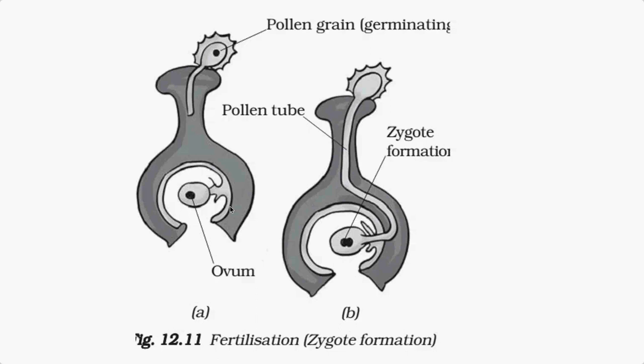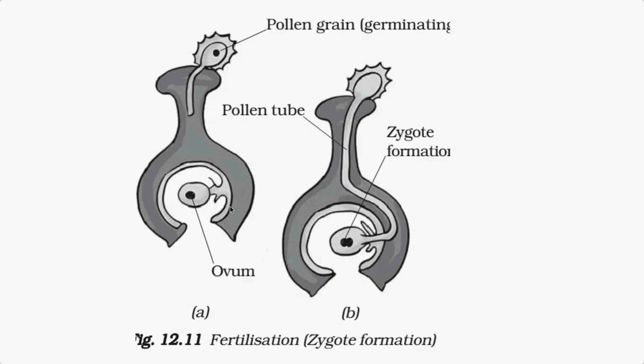After the pollen tube reaches the ovary, it goes to the ovule and it forms a new cell called zygote. Very good.